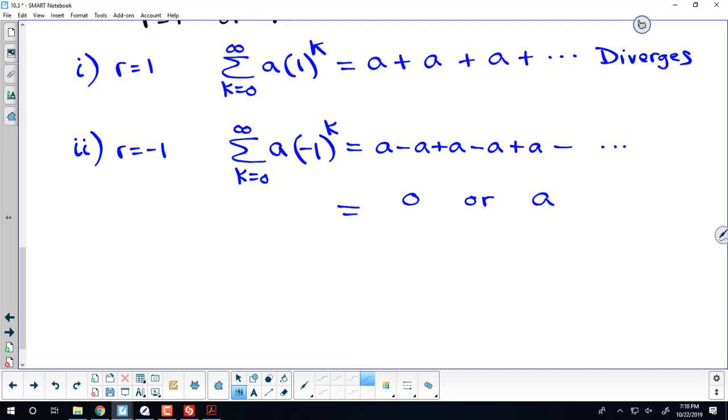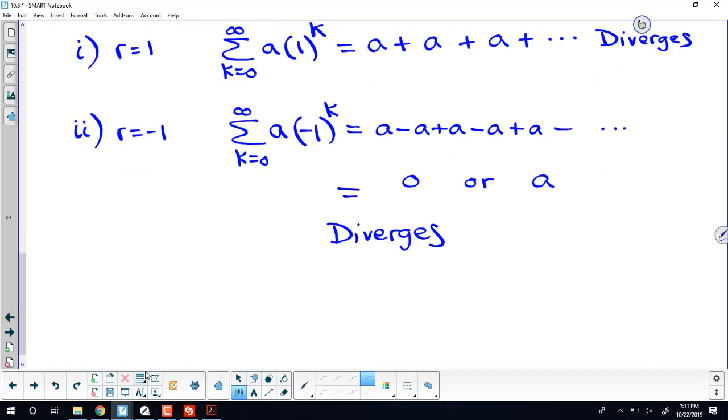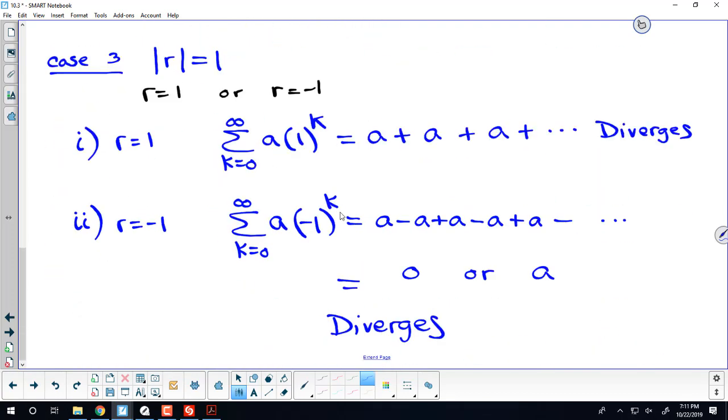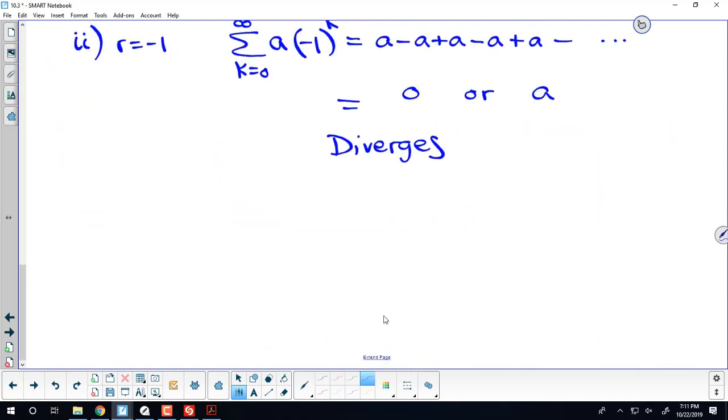So since this is 0 or A, depending on how far we are, it doesn't converge, it diverges.